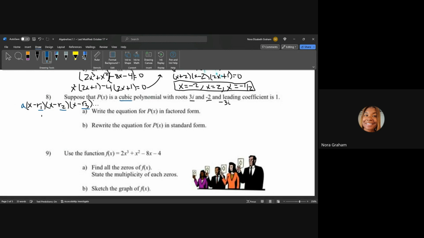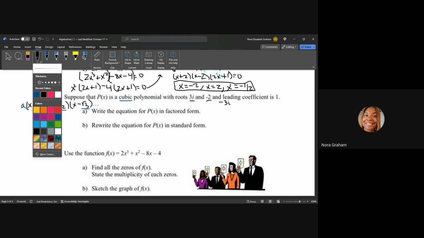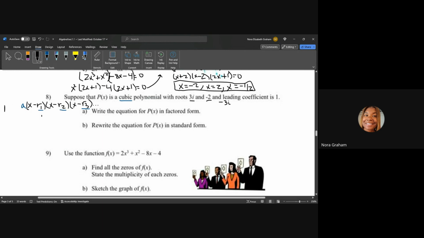So this one says cubic, which gives us a hint what our a is going to be. A cubic is to the 3rd degree.